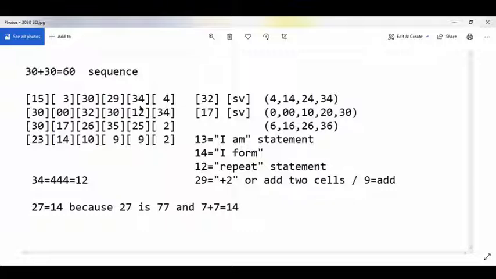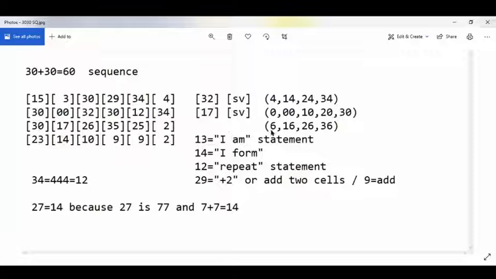So I hope that you like this sequence. It's the 30 plus 30, and it'll equal 60. And obviously, if it's going to link to a 60, you're thinking that it's this cell because it has to be. It's a half step away. Obviously, you want to play all 6s, 6, 16, 26, and 36, and you'll be safe. One of those numbers is going to have a 6.